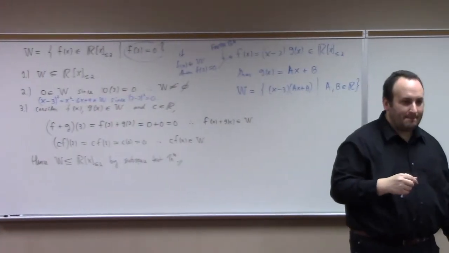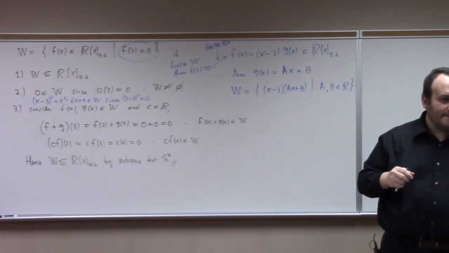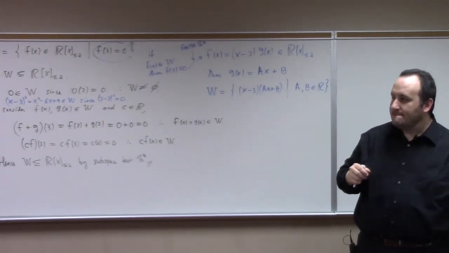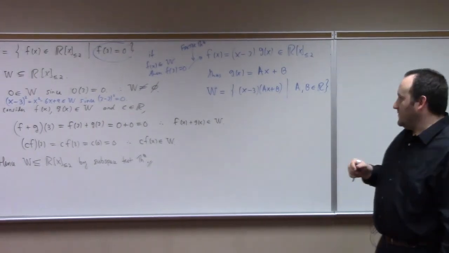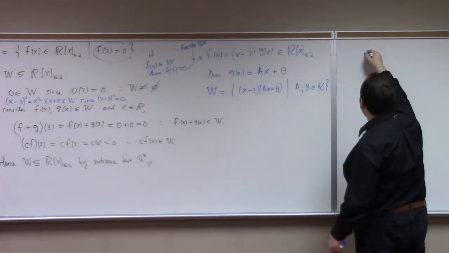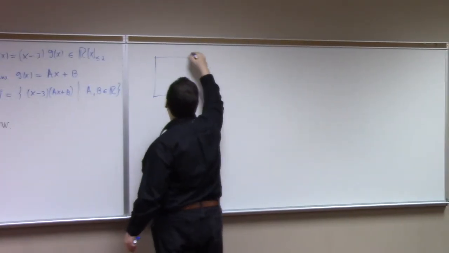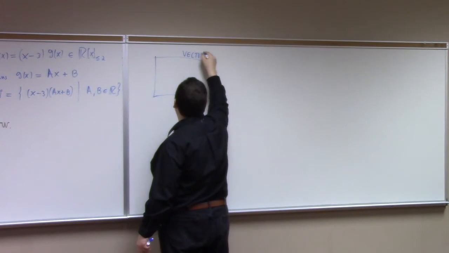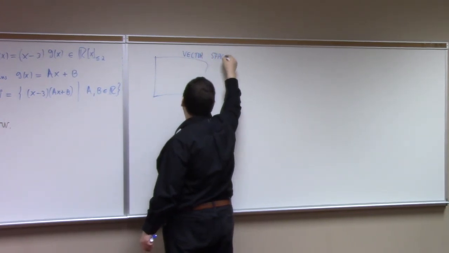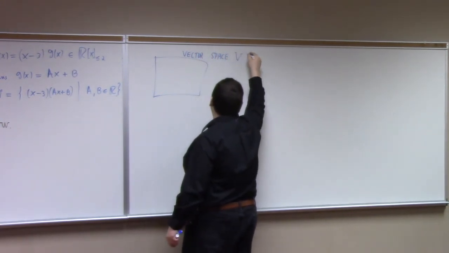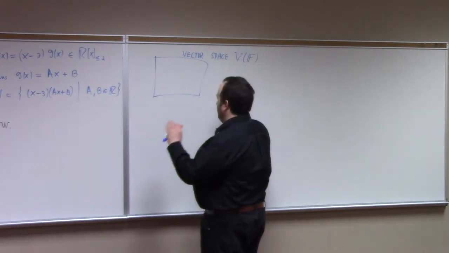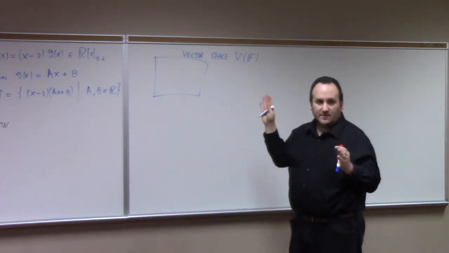So can you just explain what it means to be a subspace again, just kind of in general? Oh, yes, a subspace. So there's a universe. The universe is a given vector space. So vector space V over a field F. This is your universe, right?